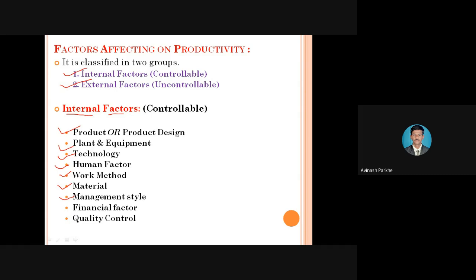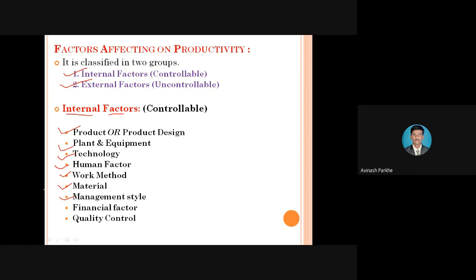Whatever new technologies are coming in the industry, we have to introduce them to the workers, so that workers are aware of the new technology and can use the new equipments for the manufacturing processes.